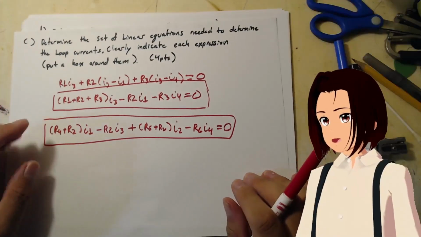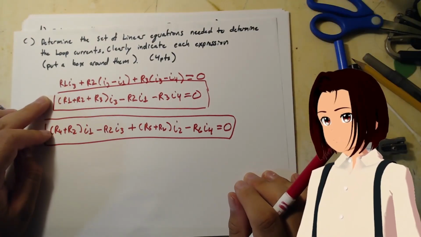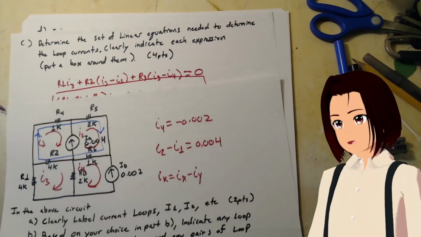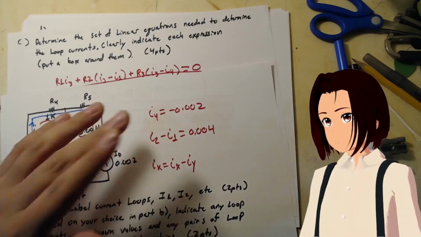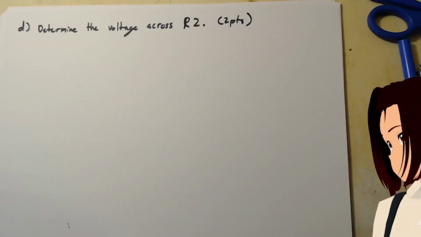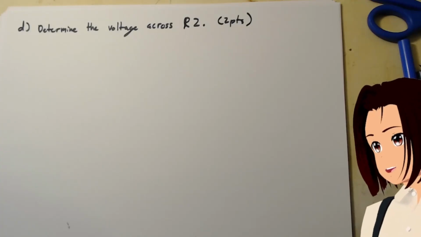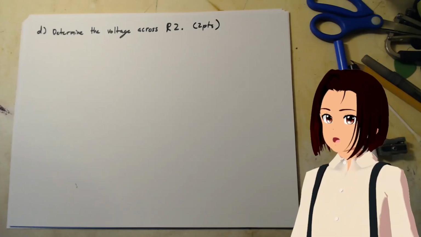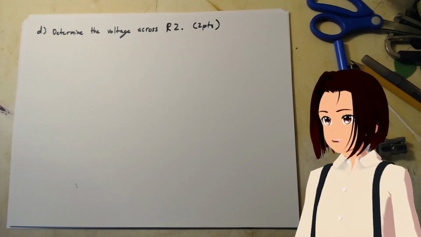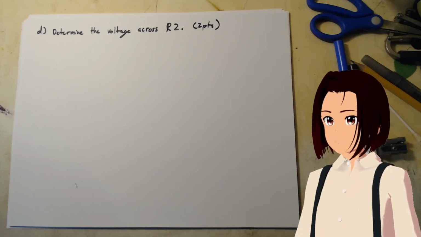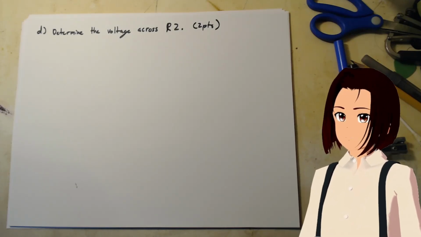So we have these two equations, and that's good. Don't forget, we have these guys right here too. Part D says determine the voltage across R2. Well, to do that, we have to do what we did before and set up a system of equations to solve.